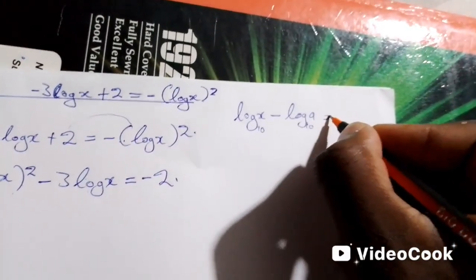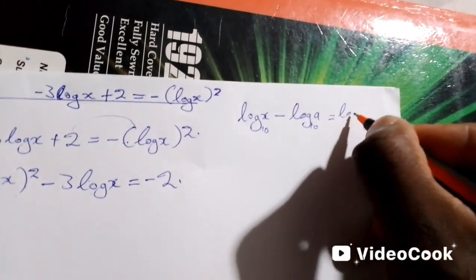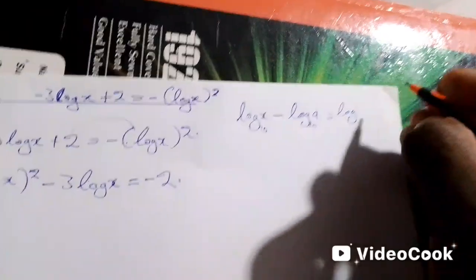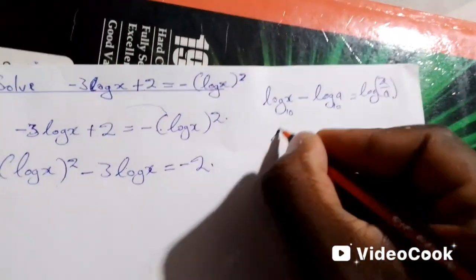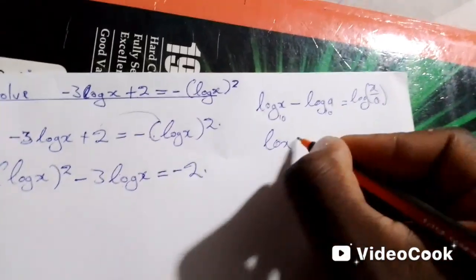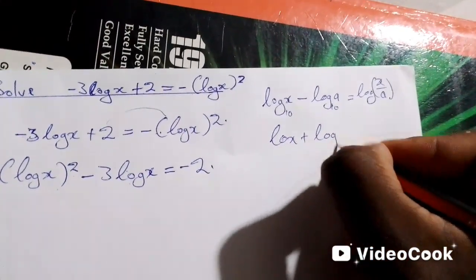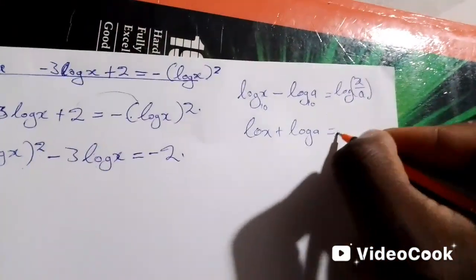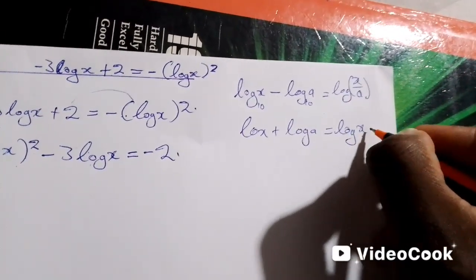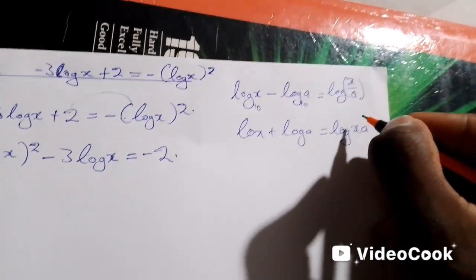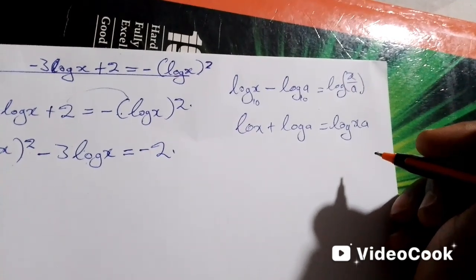So this can be written as log of x over a, whereas if they were added, log x plus log a is the same as log of x times a.